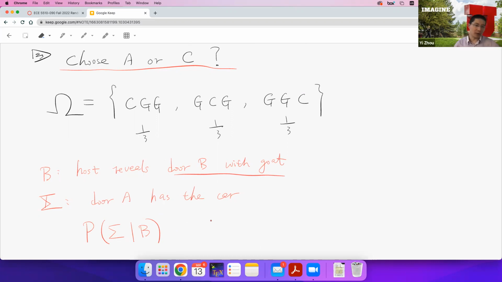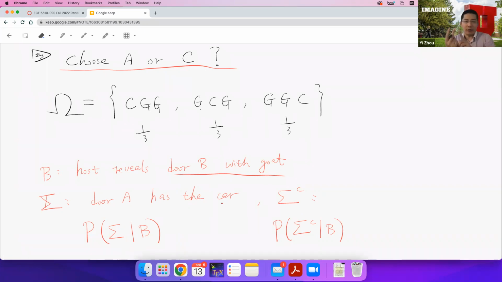And we want to compare this with its complement event. Now, given B has a goat, the complement of sigma is the event that door C has the car, right?